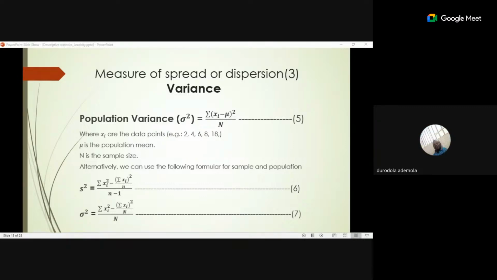According to this formula, the summation of x sub i squared means 38 squared.